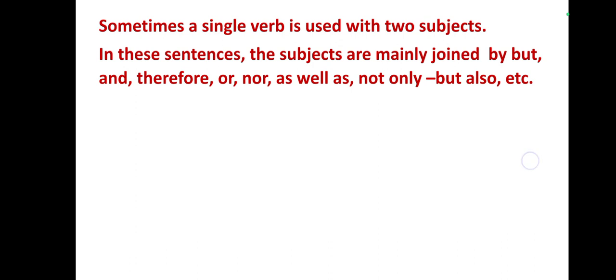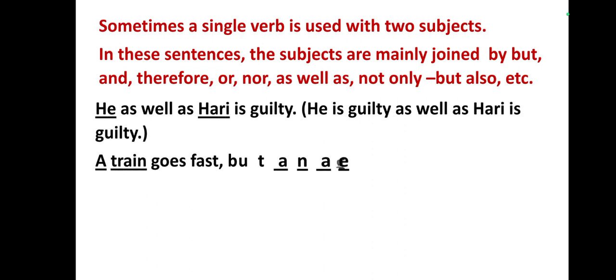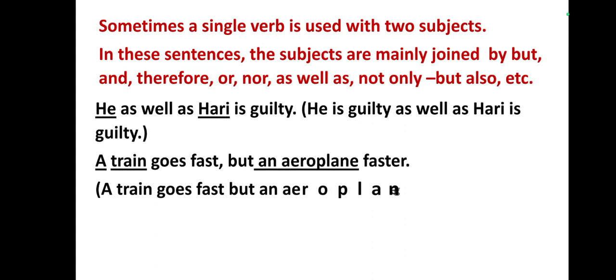Now understand this with the help of some examples. He as well as Hari is guilty. Here we have two subjects, he and Hari, but a single verb has been used for both the subjects and that is is. So this sentence we can write this way also: he is guilty as well as Hari is guilty.